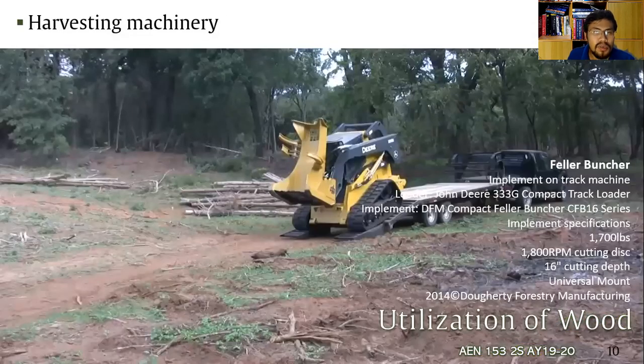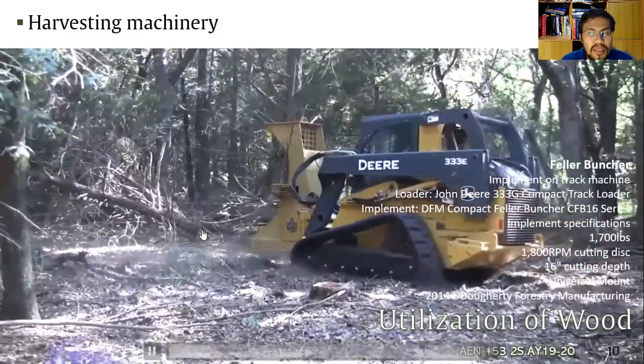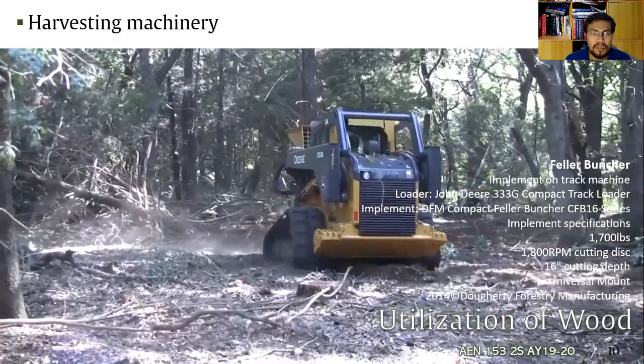Now, we were talking of the manual way to do things. Again, we are engineers, and so we don't want to do it manually because we want to simplify our lives. So here's a mechanical way of harvesting trees.